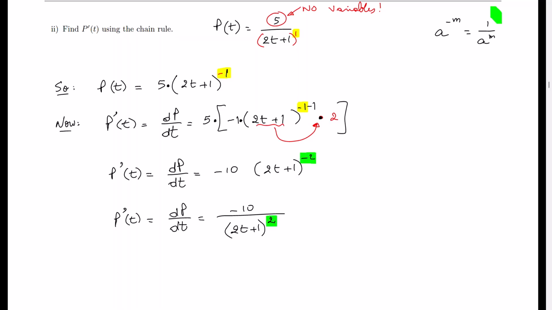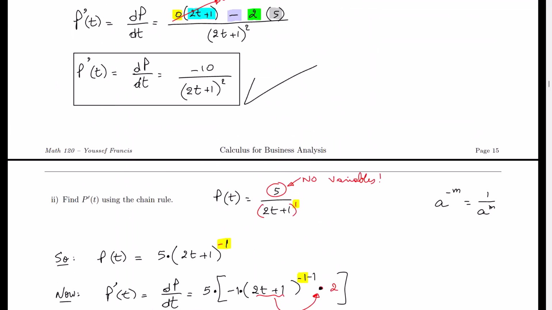So this is, again, using the same rule that tells me what to do when I have a base with a negative exponent. Always write it on the opposite side of the fraction and switch the negative to a positive. And so we can see that we got negative 10 divided by 2t plus 1 squared, and that's exactly the same thing that we got on the previous page when we did the problem using the quotient rule.